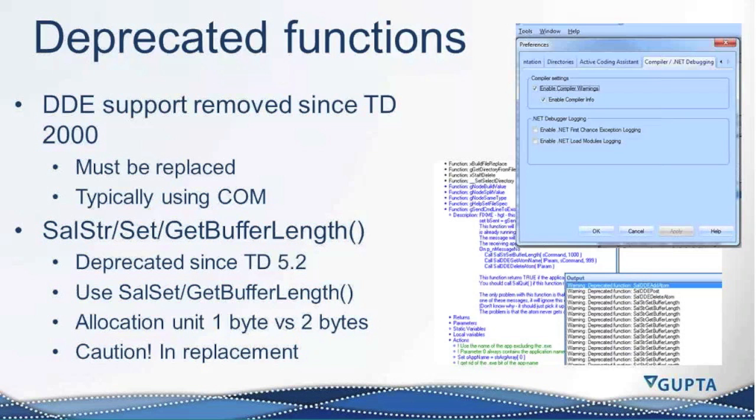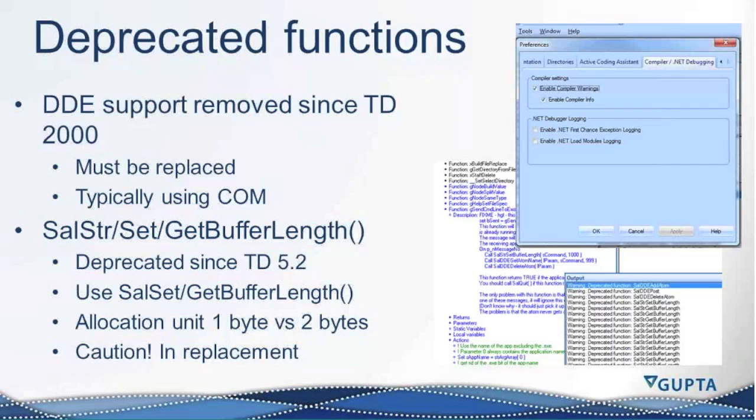For example, people used to check for another instance of the application running, or communicate with other applications, using DDE. Now you can replace it with an ActiveX or COM object for doing the same.